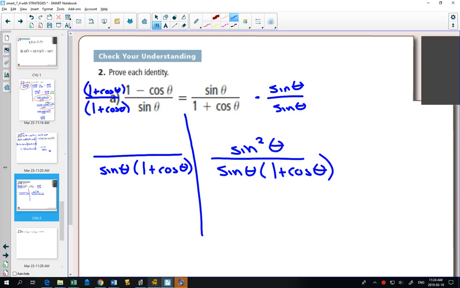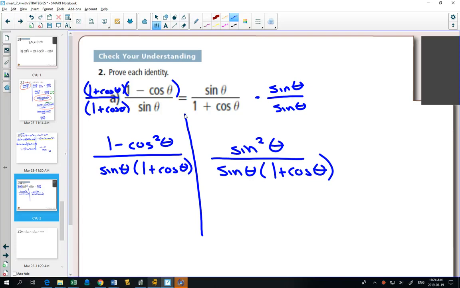And then I look, well, what would happen when I multiply out the tops? And again, we have a difference of squares here. Can you see that it's factored, 1 plus cos, 1 minus cos? If you multiply that out, you're going to get 1 minus cos squared. So now my denominators are the same. I just have to come up with a way that I can make sine squared equal to 1 minus cos squared.